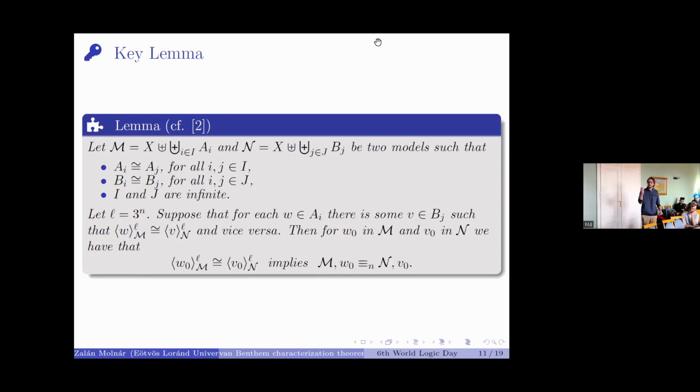Imagine the structure which is generated by w in L steps according to the relation R, and this is the substructure given by R in L successive steps that you can reach.